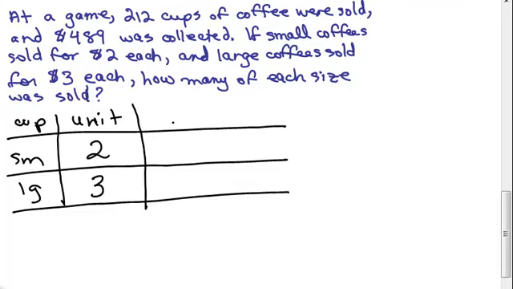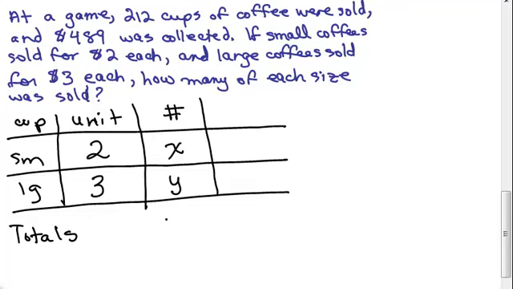Now, I don't know how many of each. I'm going to say, okay, number stands for how many are sold. And this is where we define our variables, right here in this column. I don't know either of them, so I'm going to let one of them be x, the other one be y. And notice that altogether, 212 cups of coffee are sold, so I'm just going to write a little column down here for the totals.